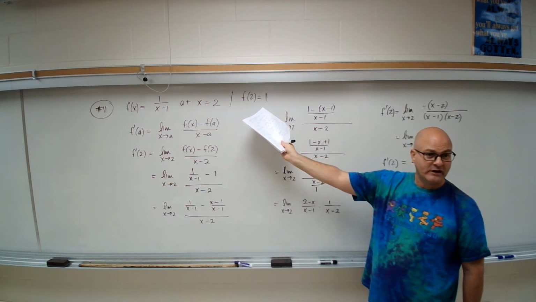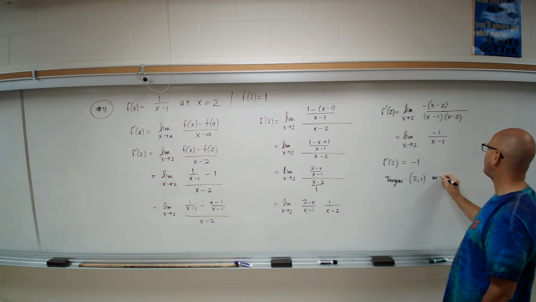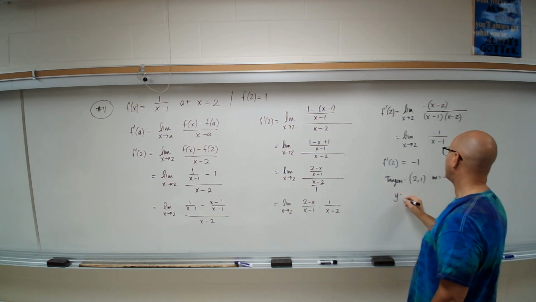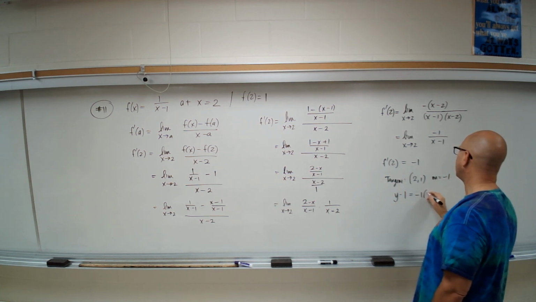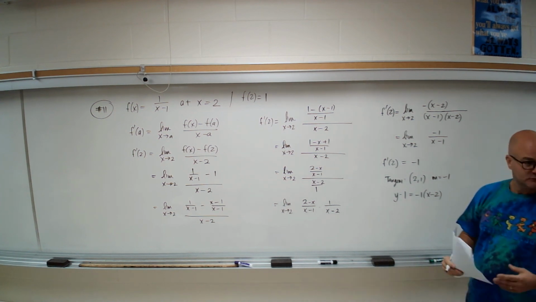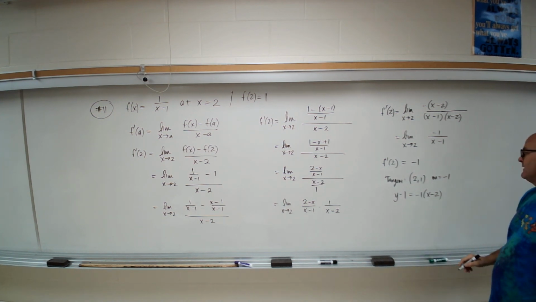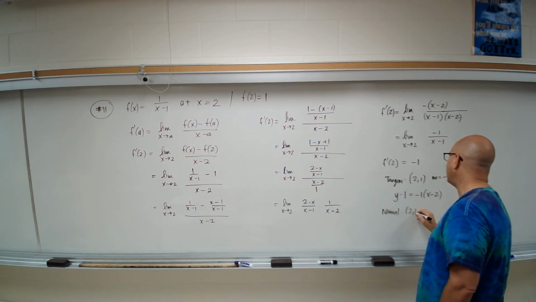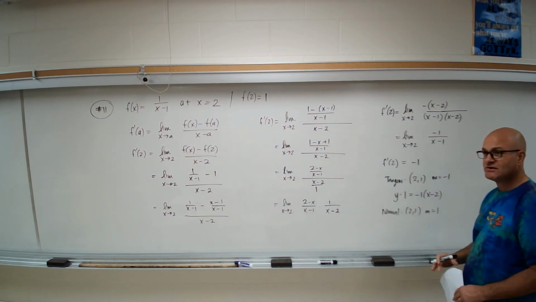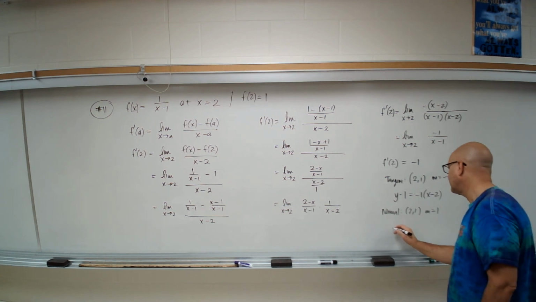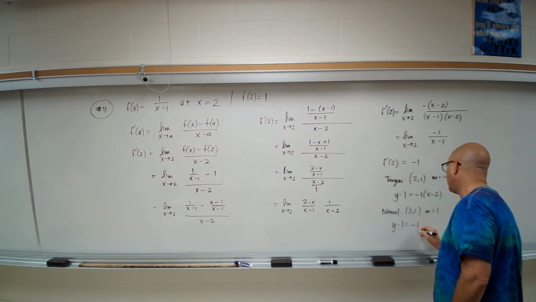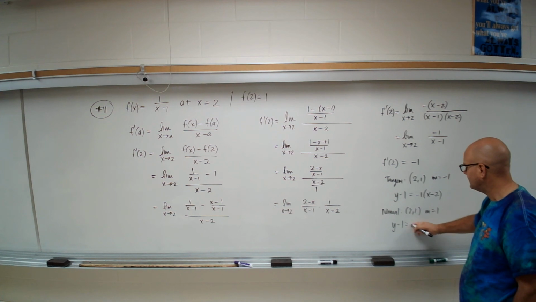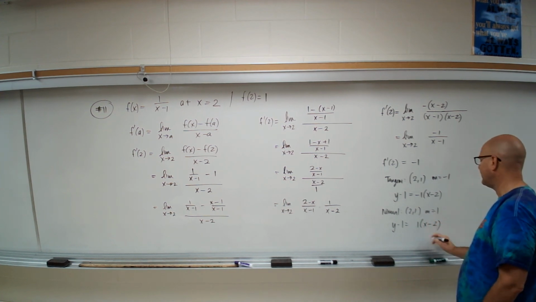That was our point of tangency. We have a slope of -1. So y minus 1 equals -1 times x minus 2 would be your tangent line equation. For your normal, it's the same point. The slope is the opposite reciprocal, which is just 1. So y minus 1 equals 1 times x minus 2.